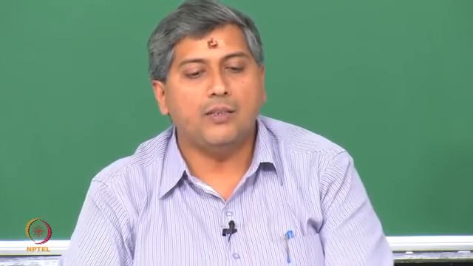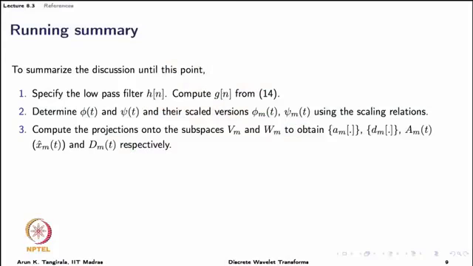So, let us say you have done that. Going back to the 3 steps, we have done step 2, starting from h and g, we learn how to compute this phi and psi and the scaled versions. Then remains the third step, which is that of computing the projections and the coefficients, of course, onto the subspaces V m and W m.